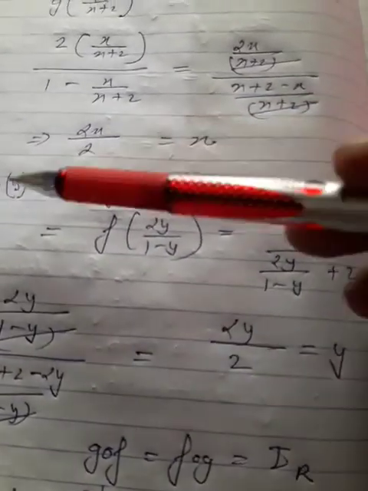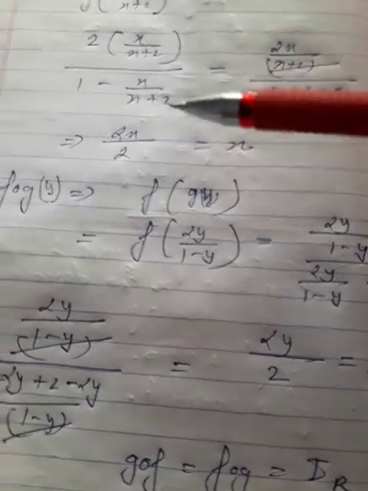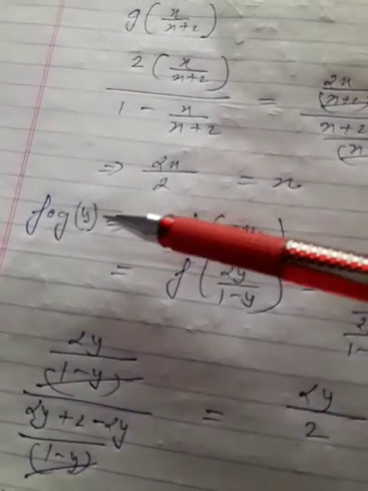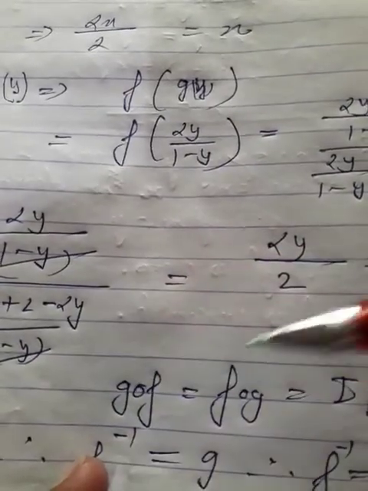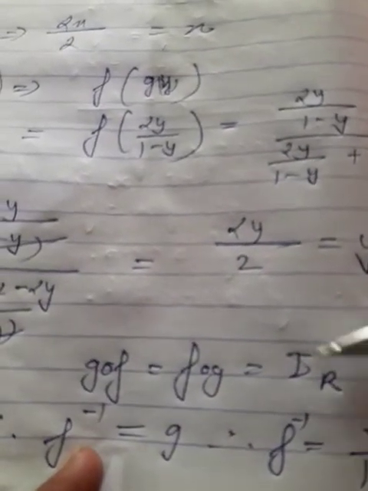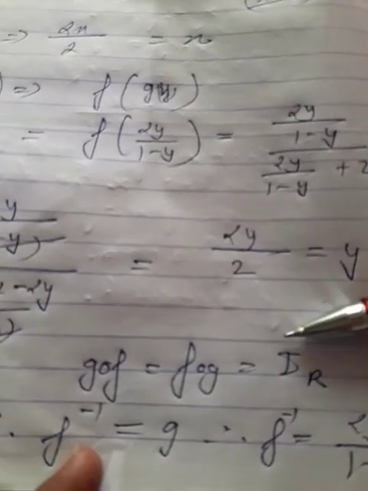So this is the identity element. In both cases, f o g and g o f, if we start with x we get x, and if we start with y we get y. If we take a variable from the real numbers, such as x, y or any other, we get the same. It means f o g and g o f are both the identity, I_R, whichever variable we take.